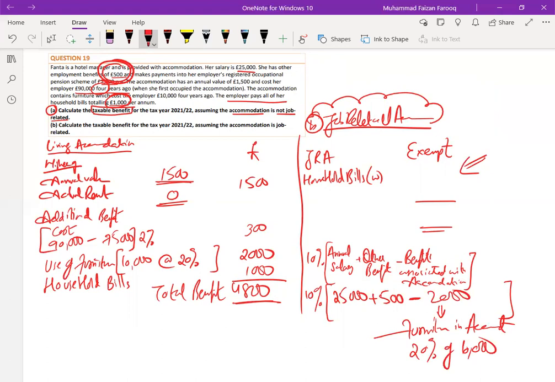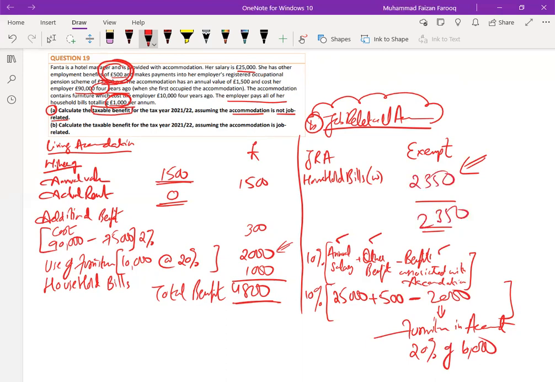What should be added instead of 1,000 if the accommodation is job related? So it's annual salary, which is given. Other than accommodation benefits, yes, we took it. And furniture or anything inside the accommodation, which is use of asset, which already came to 2,000, we already calculated. So 10% of this bracket, which is 2,350. This is the answer.